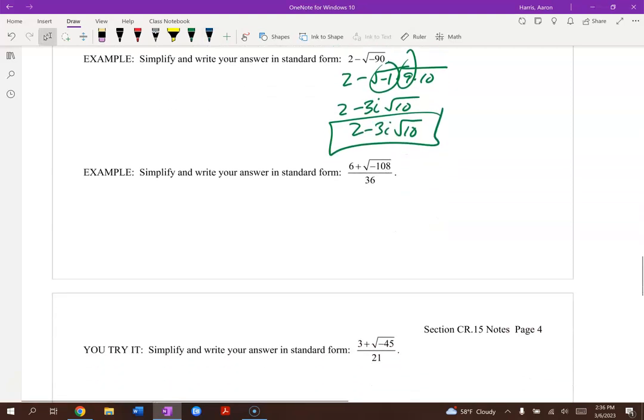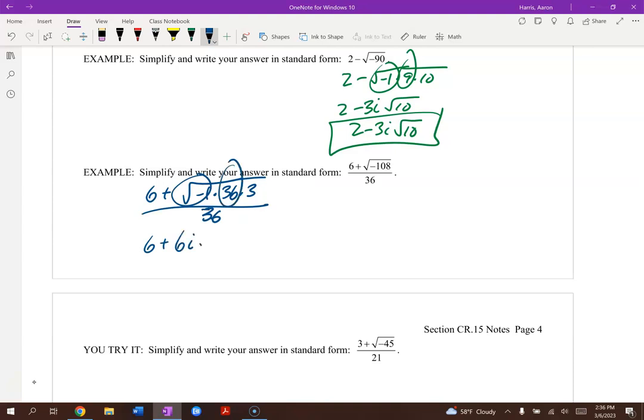Let's keep going here. 6 plus root -108. So I'm going to break up 108, let's see, that's 36 and 3. So 6 plus, I got -1, I got 36 and 3. It's all over 36. That's i. Square root of 36 is 6, and I'm just left with a 3 underneath.